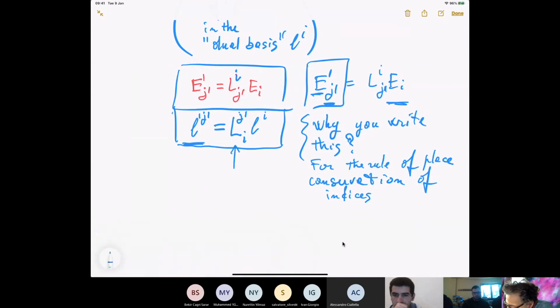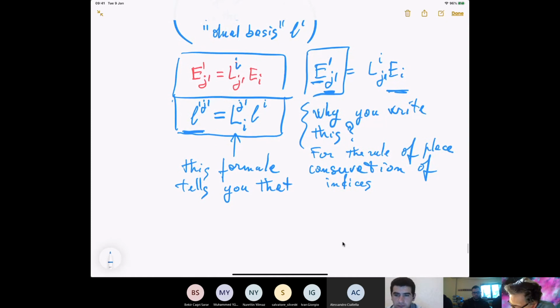This formula tells you that Li are contravariant.